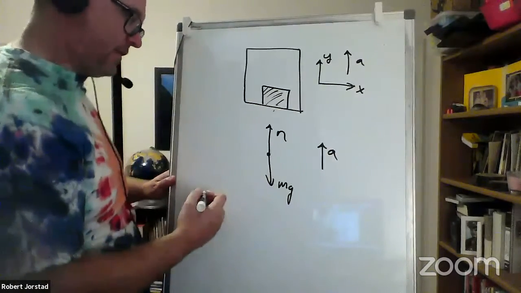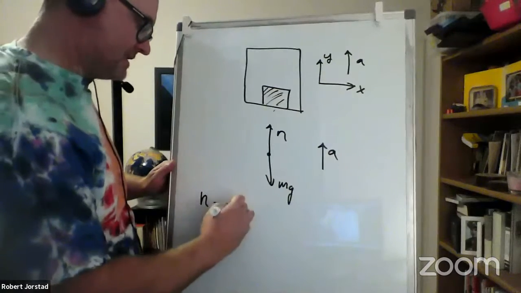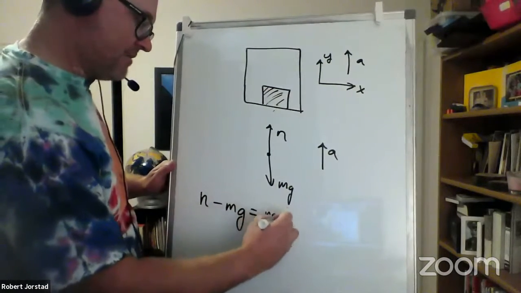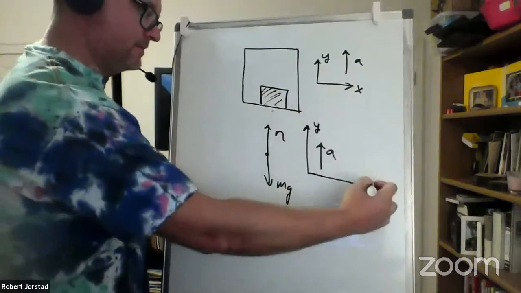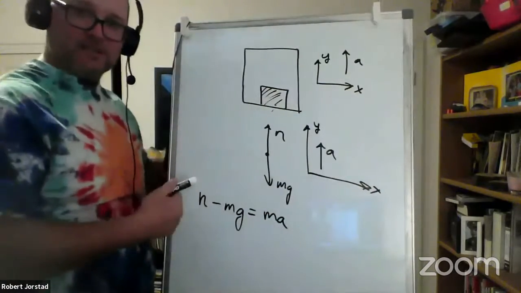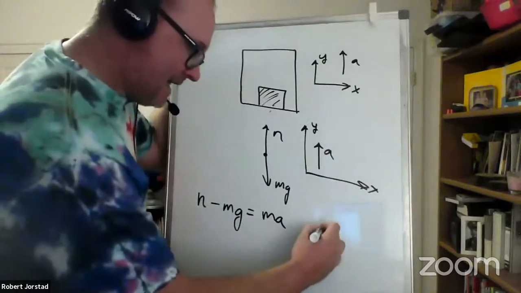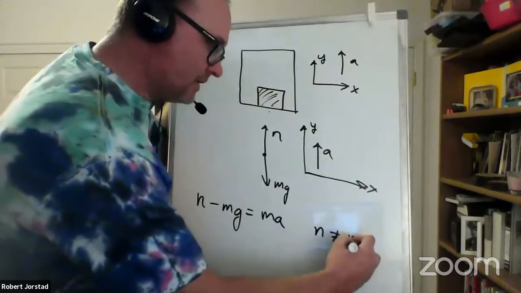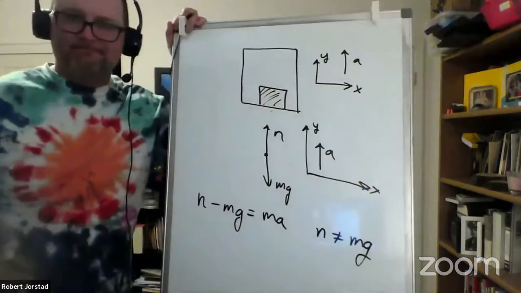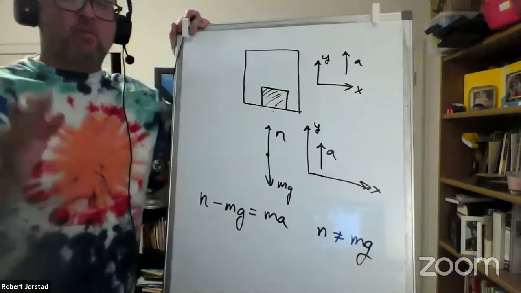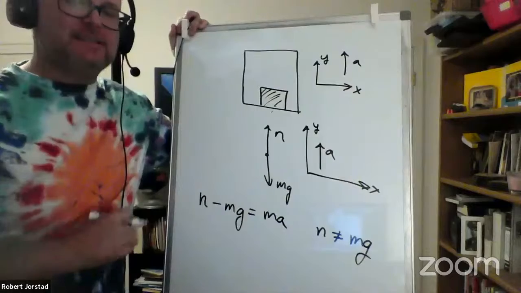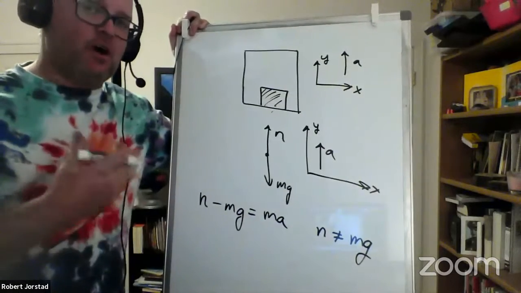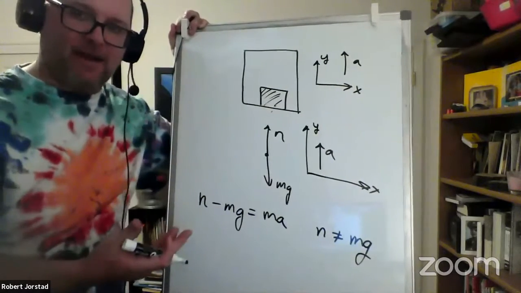So I could write the force equations. It would say N minus mg equals ma, because I'm assuming the normal force is up. Well, when I do this, I just want to point out N does not equal mg. If there's one case where N doesn't equal mg, it's impossible for a normal force to always be the action-reaction pair.